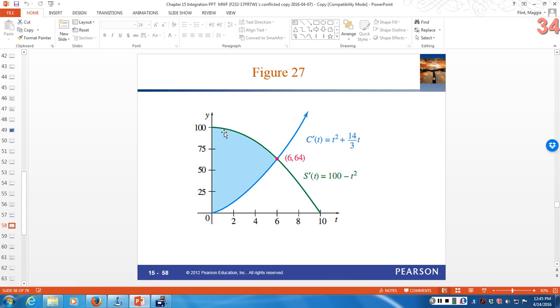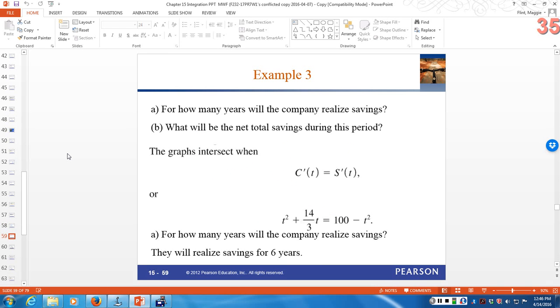Savings minus cost, which is profit or revenue or accumulated revenue through the time. So for how many years will the company realize savings? And then what will be the net total savings during that period? Okay?